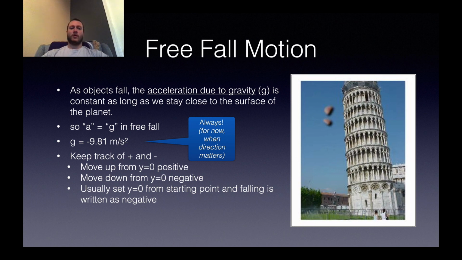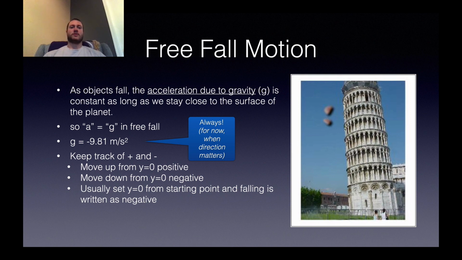Near the surface of Earth, g, the acceleration due to gravity, is negative 9.81 meters per second squared, which tells us that every single second that passes, that is how the velocity will change. So if you throw something up, up is going to be defined as the positive direction.